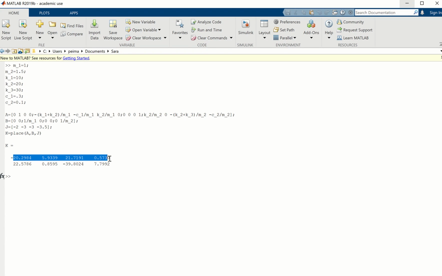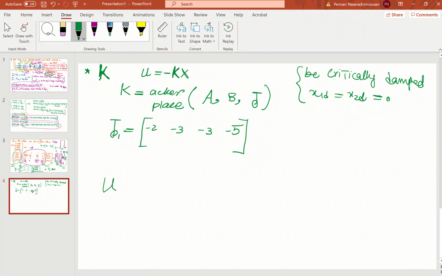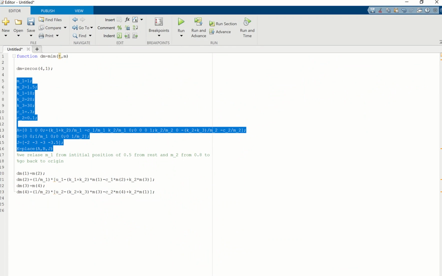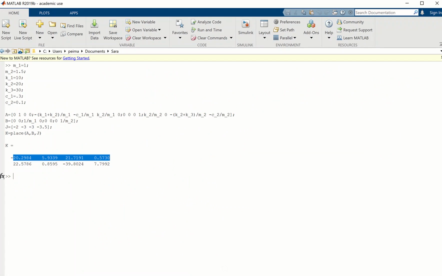This row is for mass 1, for u1, because we had u1 minus k1 times x, the state variables, and u2 minus k2 times x. Let me show you. This line is your k1, this line is your k2.